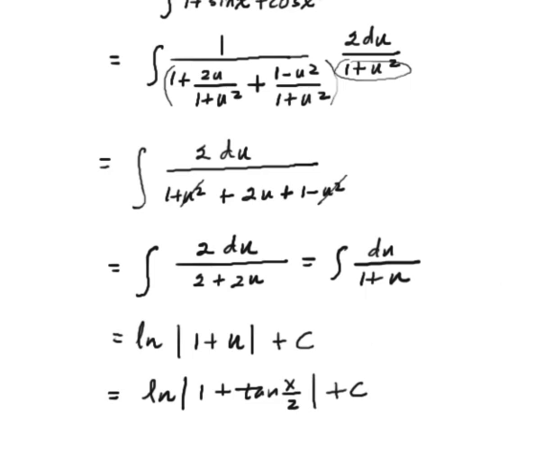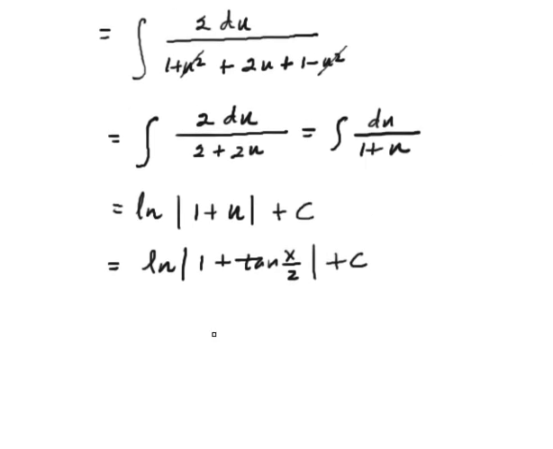Or we could write the expression for u that involves sine and cosine, if you like: ln absolute value of 1 plus sine x over 1 plus cos x.